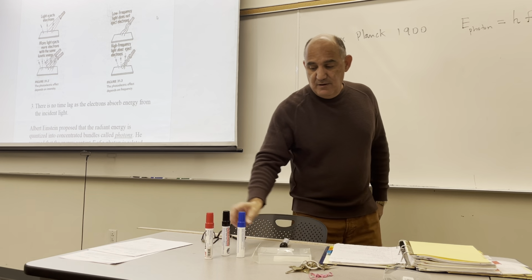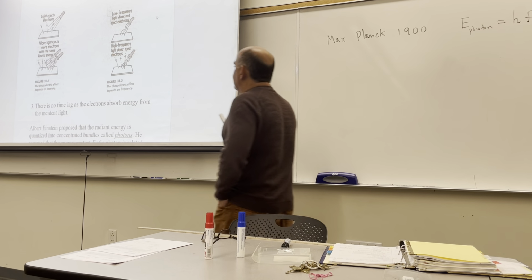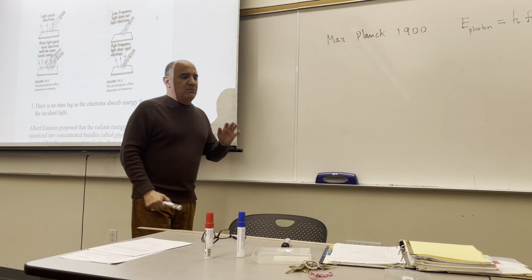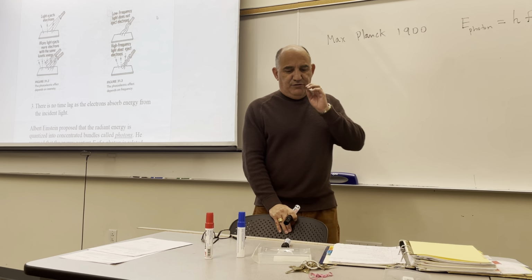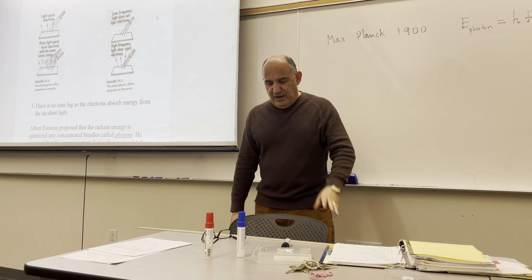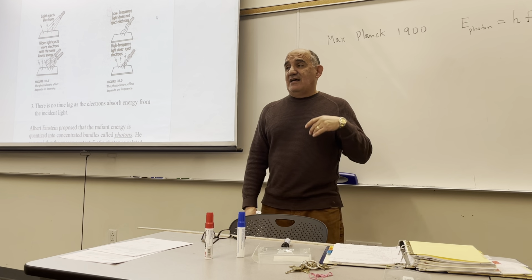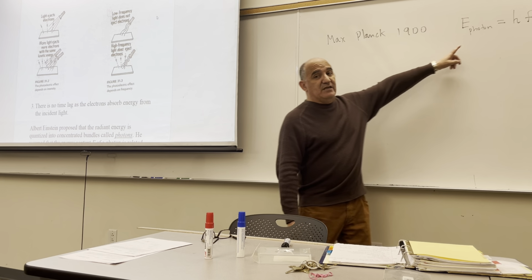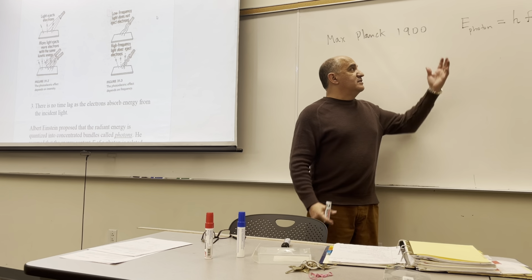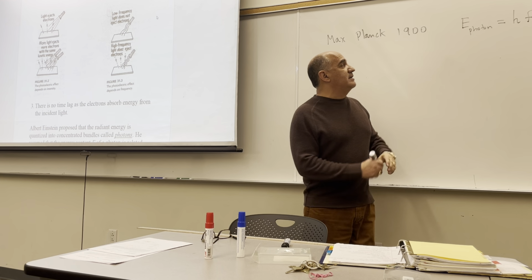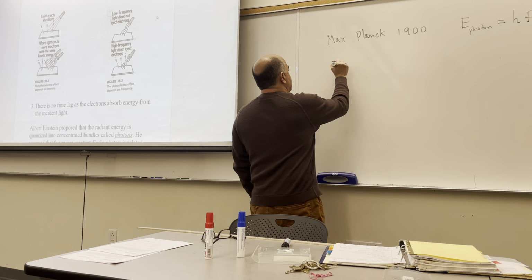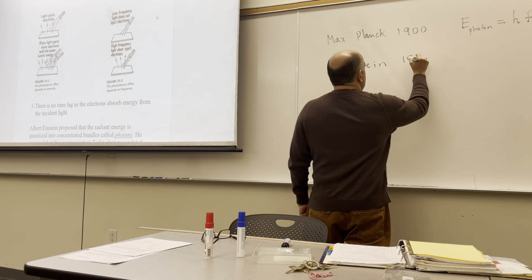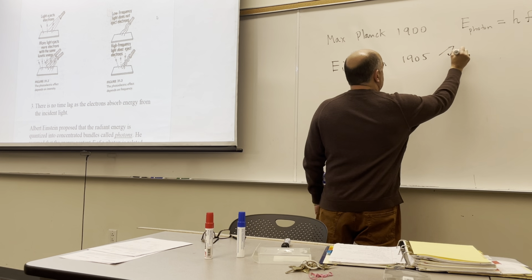And what Einstein said is essentially the following: the reason you are not able to explain what's really going on is because you're treating the light as an electromagnetic wave, when you should be thinking of the light as a beam of particles, a beam of photons, with each photon having this energy. So Einstein used this equation, first written by Max Planck, in 1905 to explain the photoelectric effect.